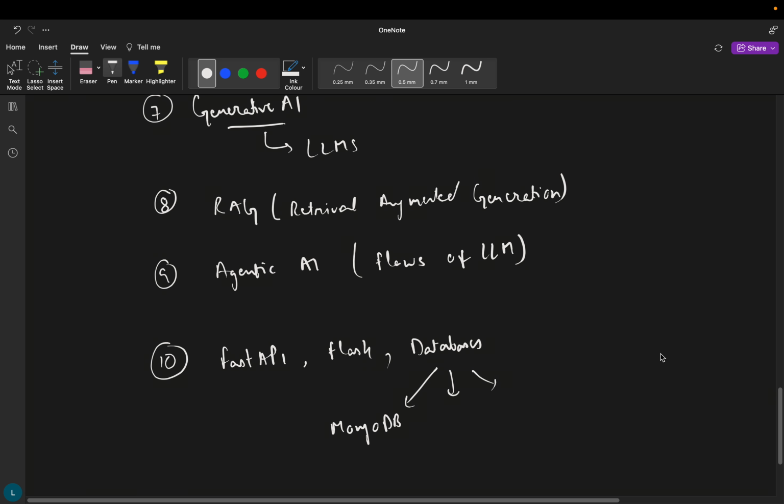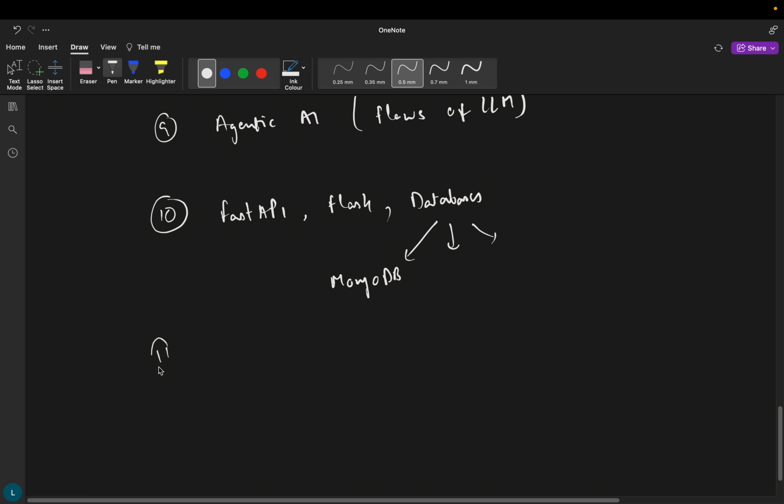There are many DBs that you can learn about and how to implement them. 11th step, make a lot of projects for your resume, because if you are learning a skill, then you must show that skill to others as well, to get some job referrals, to get some intern referrals.